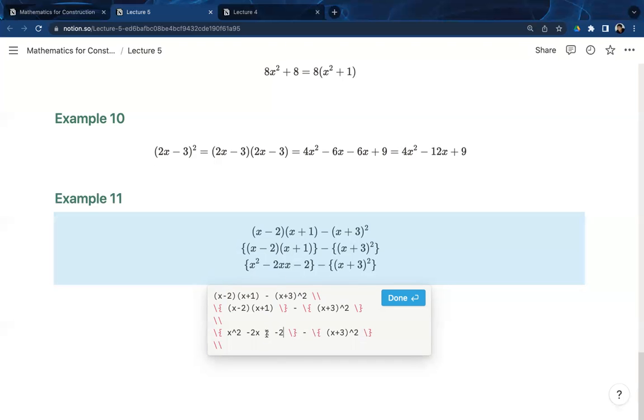So I multiply every term in the first bracket by every term in the second bracket. So you can multiply these two terms by x and then these two terms by 1. That's another way you could do it, right?